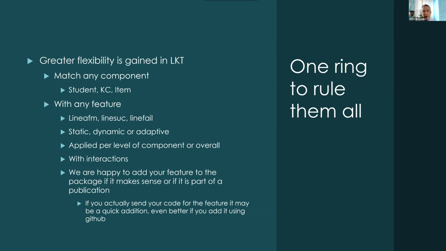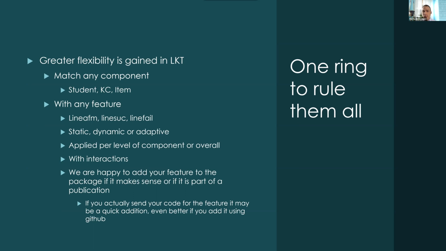So this gets into the logic behind LKT, in a little bit more depth to start here, is that it provides us a greater flexibility. And so you can describe any of these prior models in terms of LKT terms. Using the framework, just like you could with any good erector set, you can build these prior little contraptions. But you have more flexibility, because you can match any component.